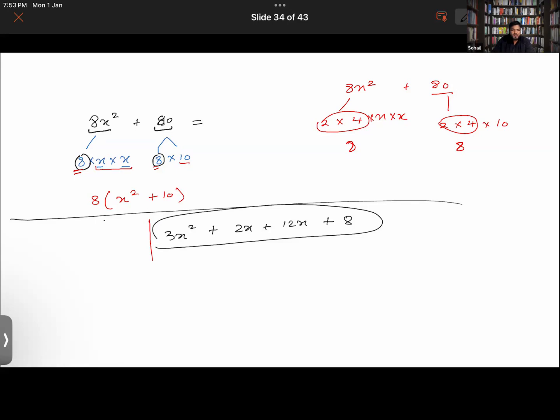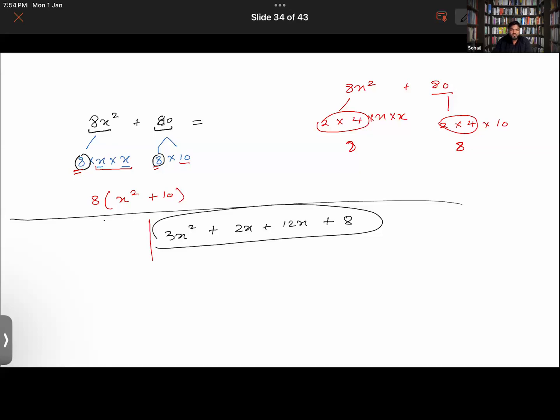So is it 3x square plus 14x plus 8? No, we have to factorize it now. आपने उसे simplify कर दिया. Ahmed, we have to factorize it, not simplify it.